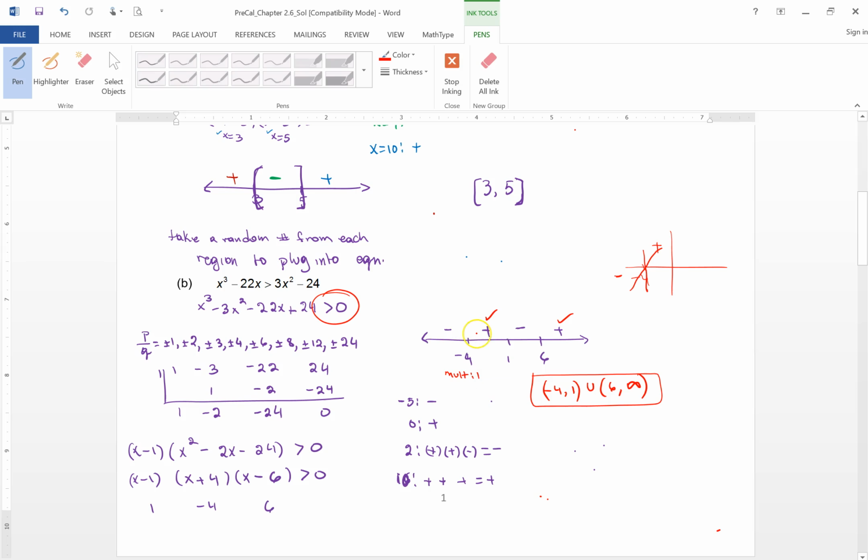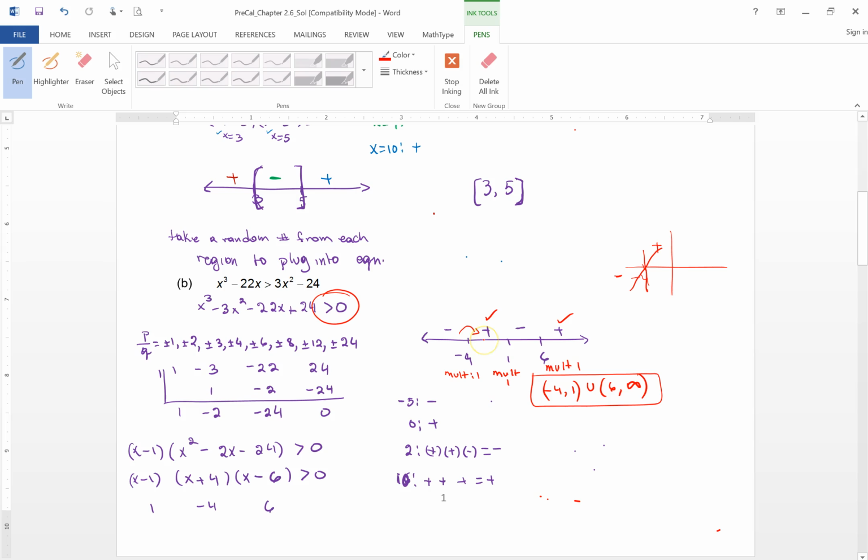Negative, positive, positive, negative. Okay, let me finish. Here the multiplicity is odd, and here the multiplicity is odd. So just taking -4, you just do one interval, like the left one. You got negative. Now, if the multiplicity is odd here, that means it'll alternate to the other side.